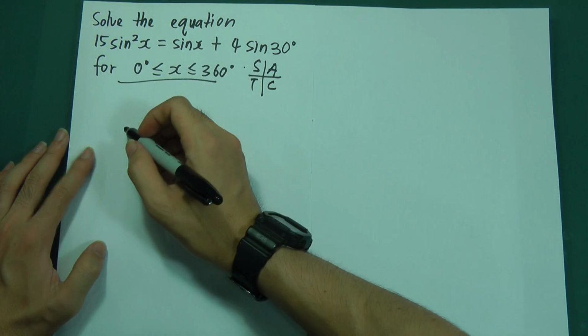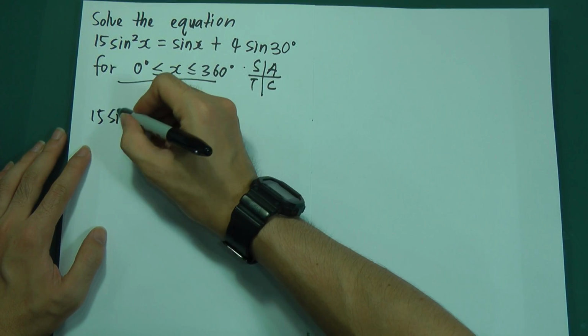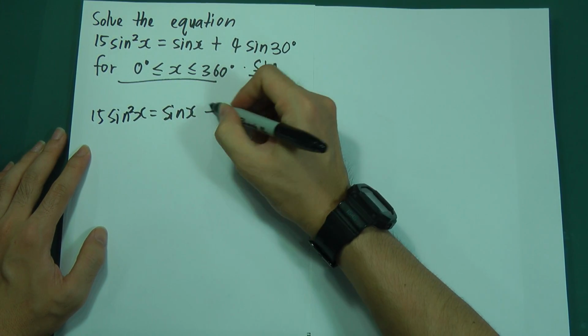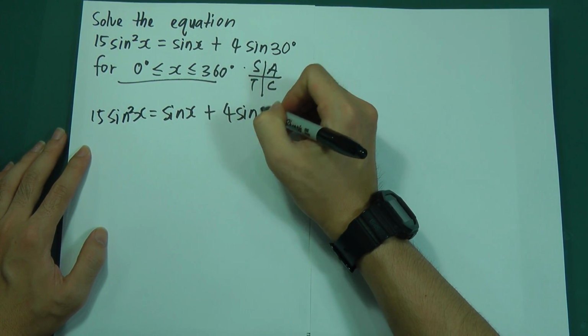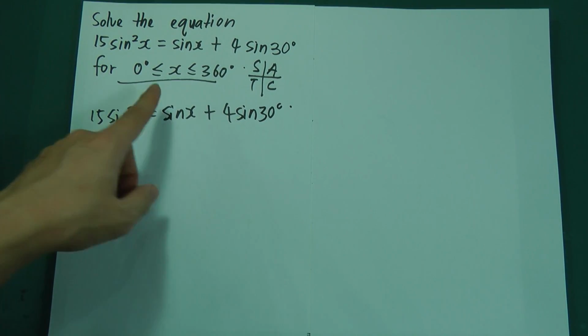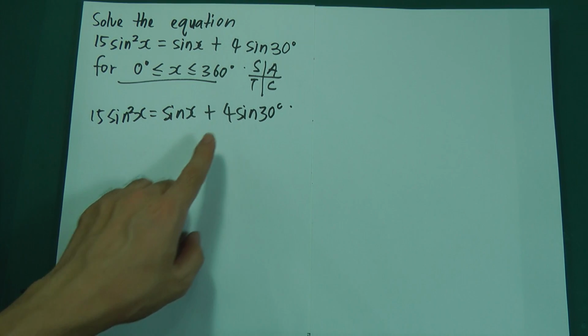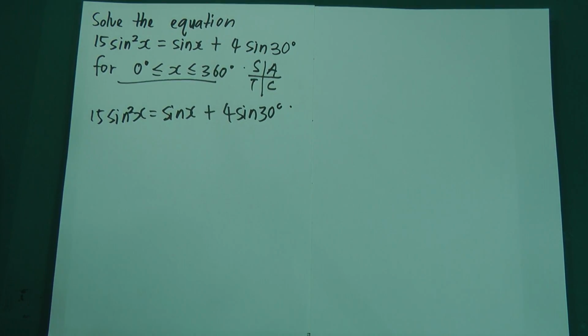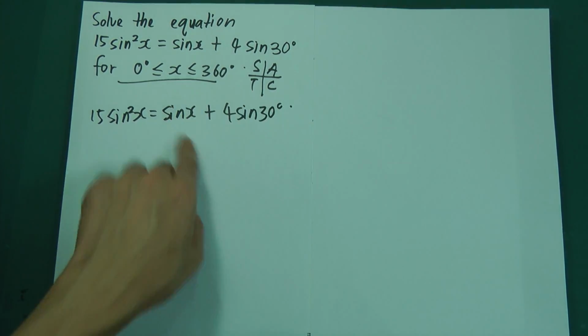Okay, so first is 15 sine square x equals sine x plus 4 sine 30. First I see I got something like square, and then I got sine x, and then I got this one, which is actually a number. Why? Because sine 30 actually equals 0.5. So I'm going to solve this one first.